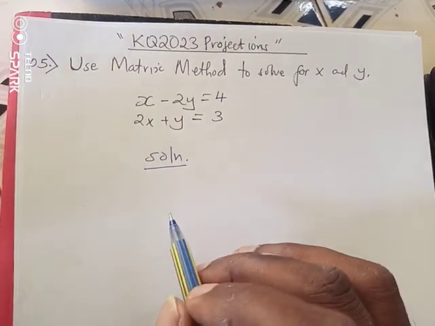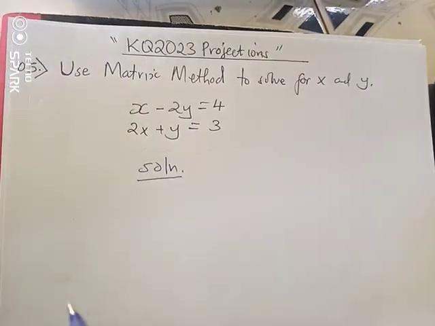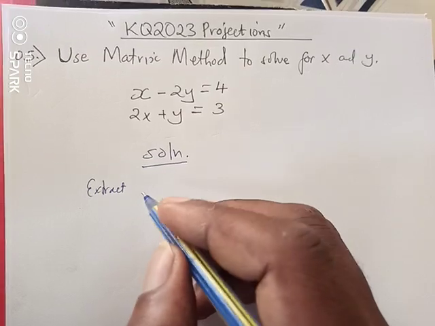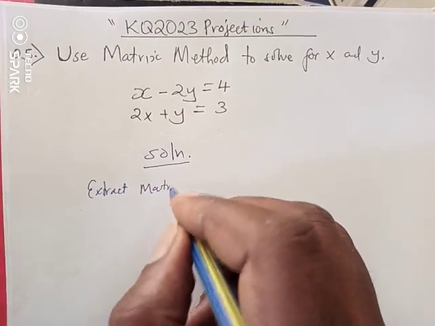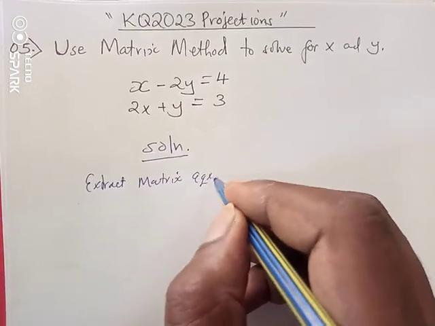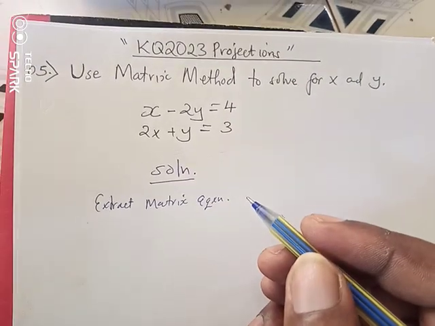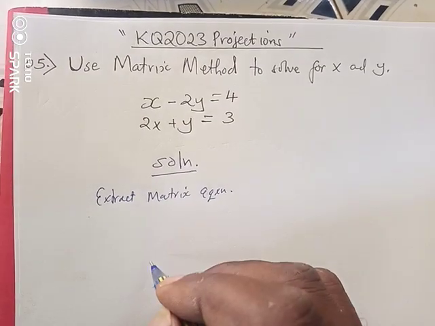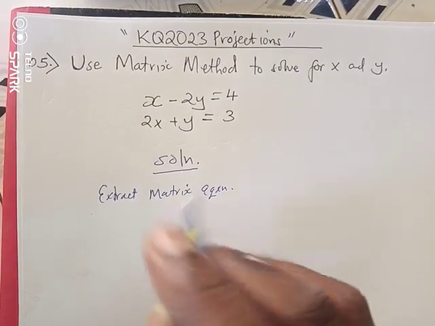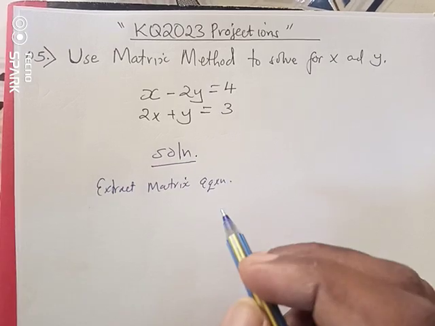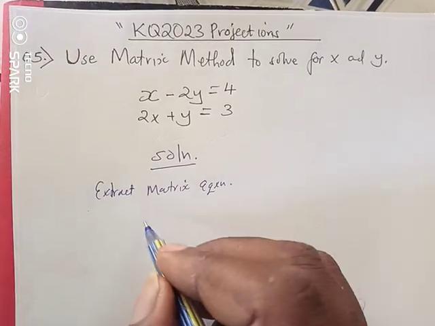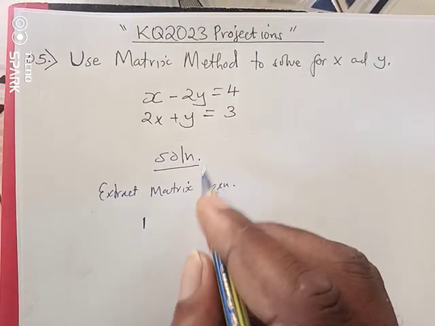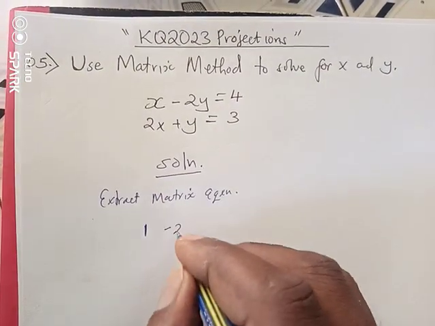So the first step here will be to extract the matrix equation from the simultaneous equations, or linear equations, we have. I'm going to start with those of x and y in a bracket, of course the variables, then the product. The coefficient of x here is 1 and of y is negative 2.